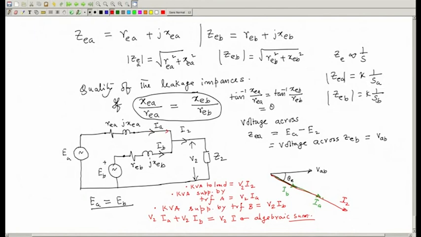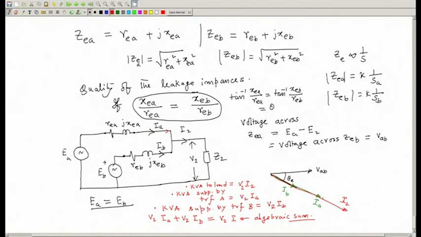Clear. Therefore, you see, I will not only demand that the leakage impedances should be inversely proportional to their kVA ratings, but also it will be very nice if the qualities of the leakage impedances are also the same. Then tan inverse XEB by REB is equal to tan inverse XEA by REA, and you will get the most desirable thing.